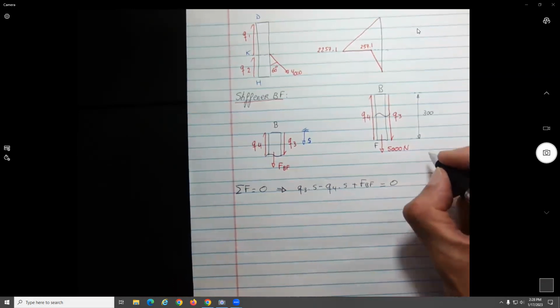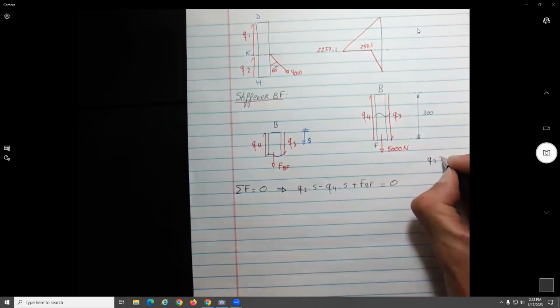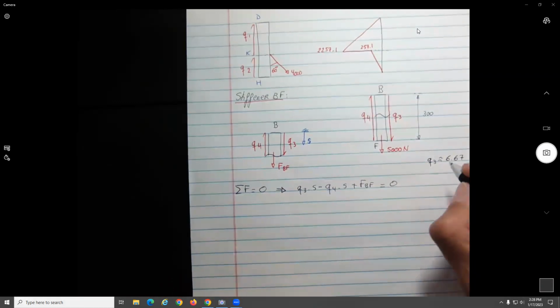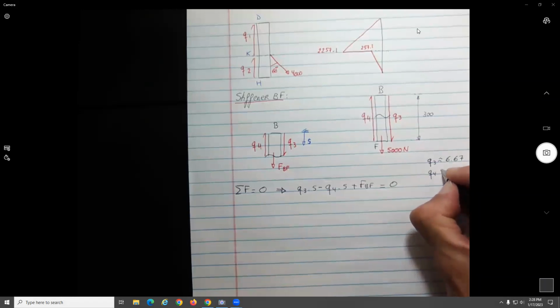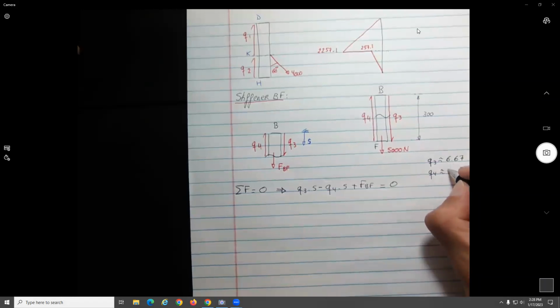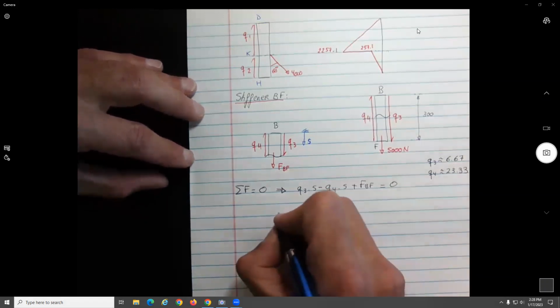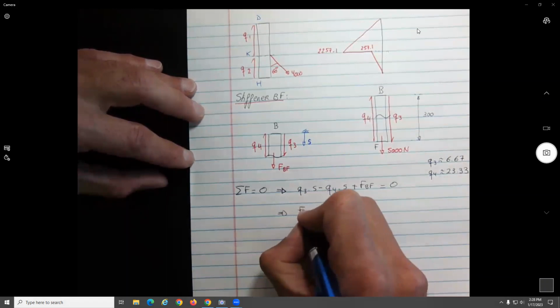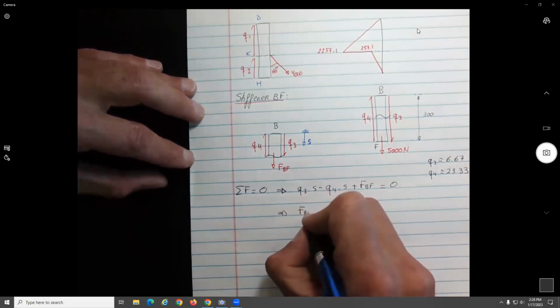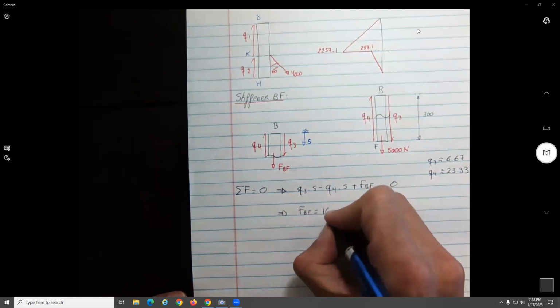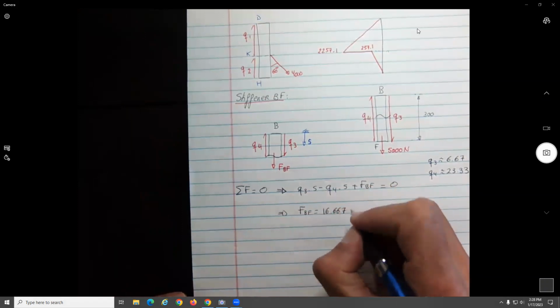We had that Q3 approximately equal to 6.67, Q4 23.33. So this gives FBF equal to 16.667 S, if you want.